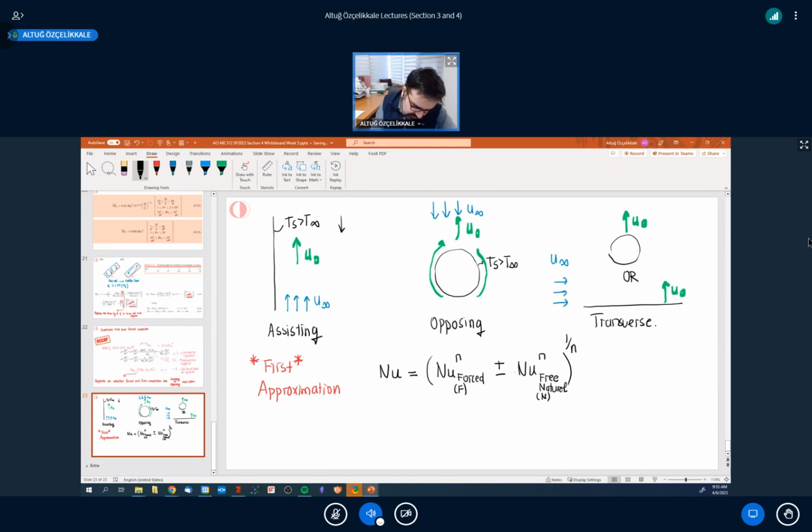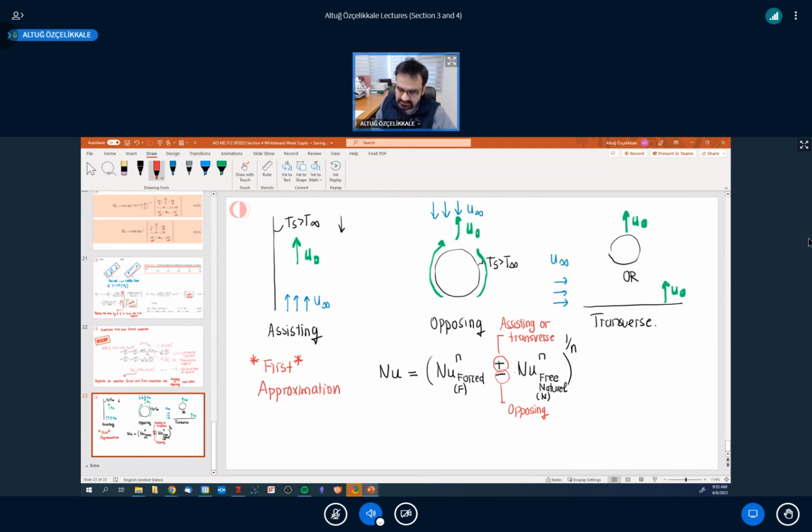So first of all, let's talk about this flow arrangement. If you have an assisting or transverse flow, you are using the plus sign because it's enhancing the heat transfer. But if it is opposing, then that actually has the effect of reducing the rate of heat transfer.